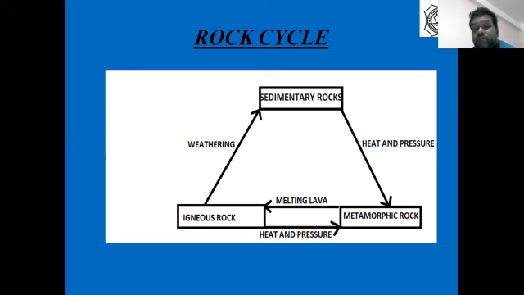When the igneous rocks are formed, they are exposed to the forces of weathering like water, air, etc. Then the sedimentary rocks are formed from weathering. After that, both the sedimentary and igneous rocks under high temperature and high pressure get transformed into metamorphic rocks.